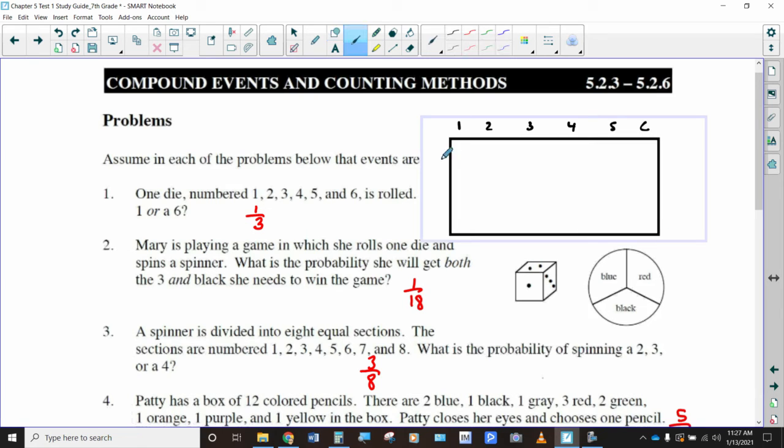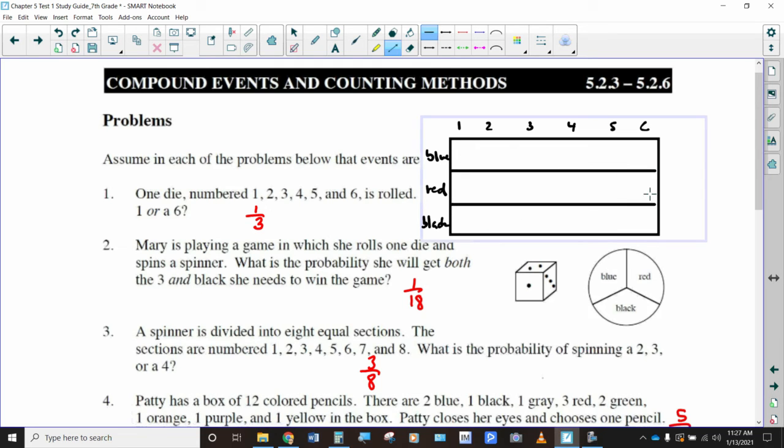And then on the side, you've got the 3 colors. You got your blue, you got your red, and you got your black. So I'm going to go ahead and take and break this guy up into 3 equal parts. I'm going to break this guy up into 6 equal parts. I don't care if they're evenly spaced. Doesn't really make that much of a difference for this.